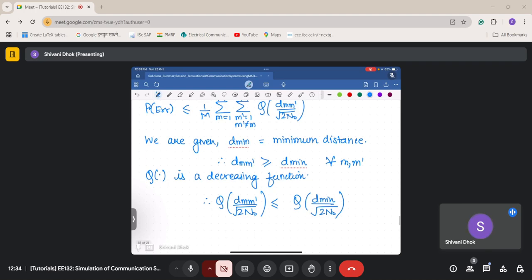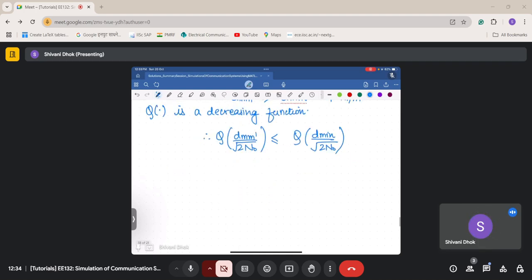Okay, if I substitute it back here, so therefore probability of error is less than or equal to 1 by M summation m equal to 1 to M, summation m prime equal to 1 to M, m prime not equal to m, Q of d min upon under root 2 N naught.